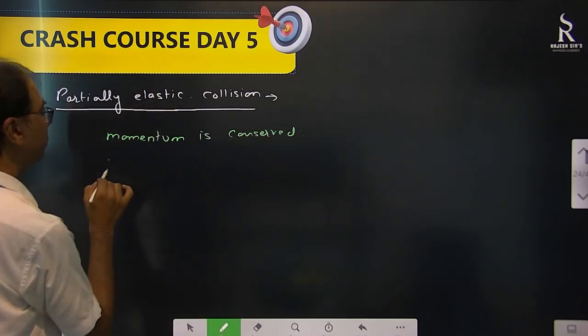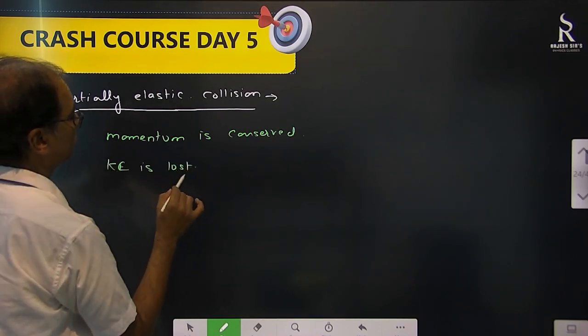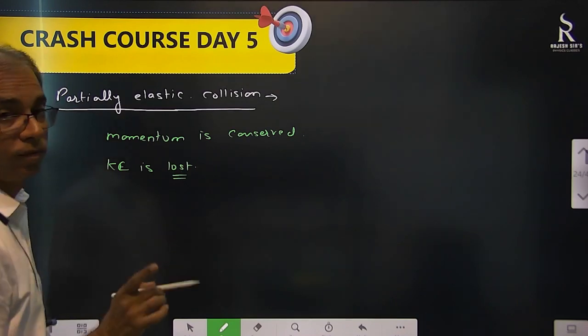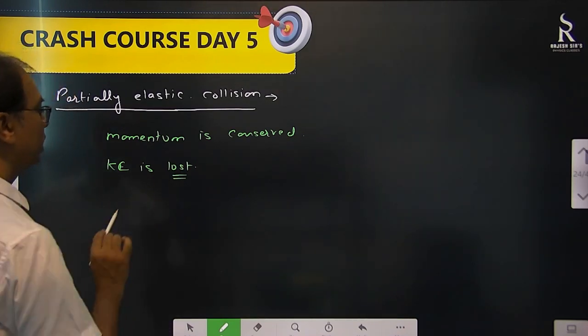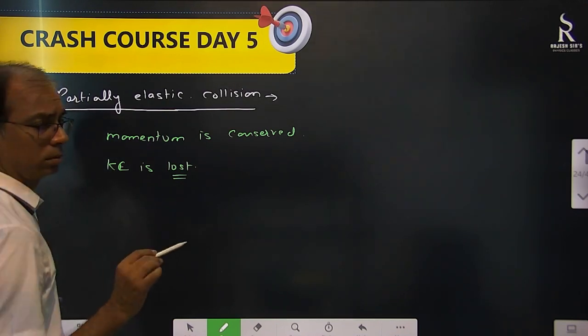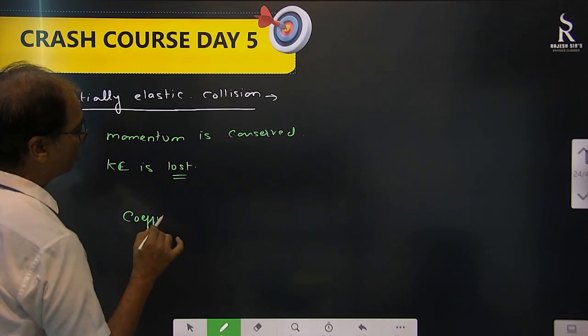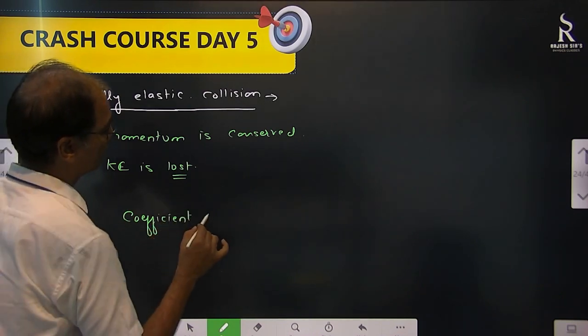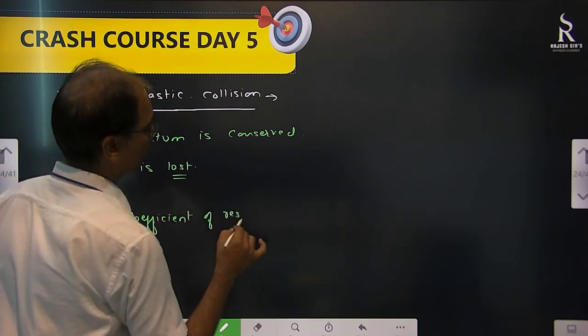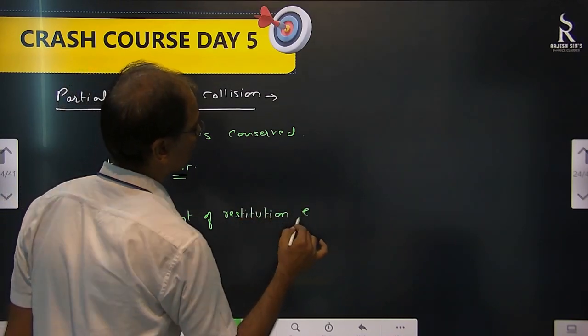Second, kinetic energy is lost. Kinetic energy is conserved only in perfectly elastic collision. Here kinetic energy is lost. Here we have something new also. What is new? Coefficient of restitution. We represent it with e. Now what is this?